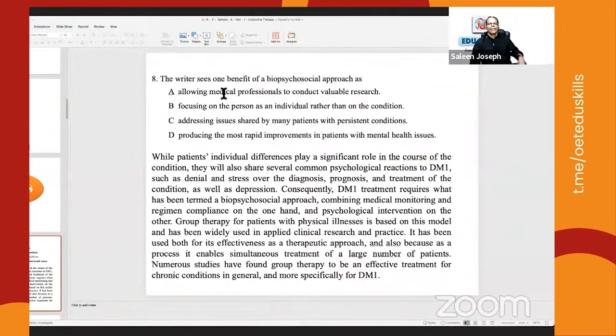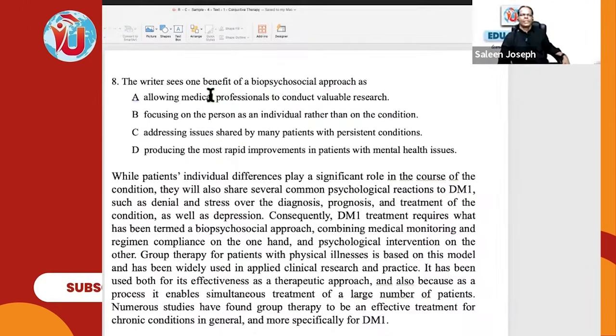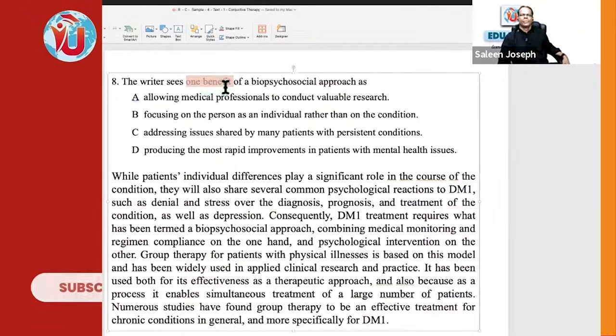Now the question says the writer sees one benefit of a biopsychosocial approach. Benefit. What is the heading word? Benefit. And also, writer sees means what the writer understands, his opinion, his perception.